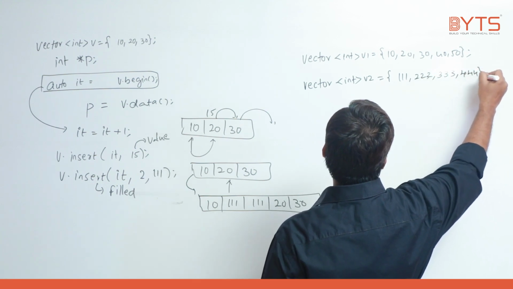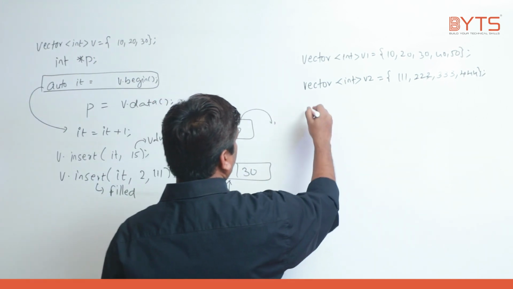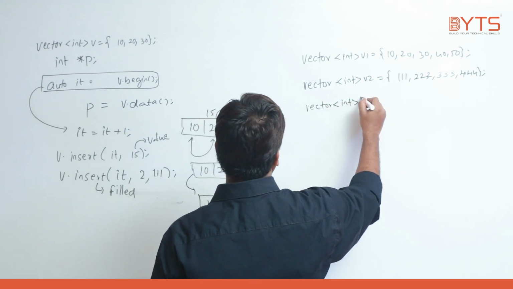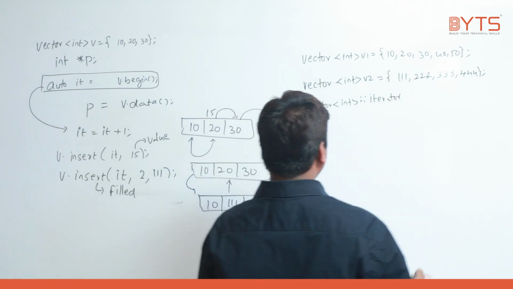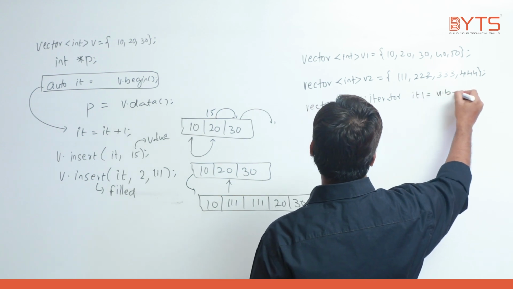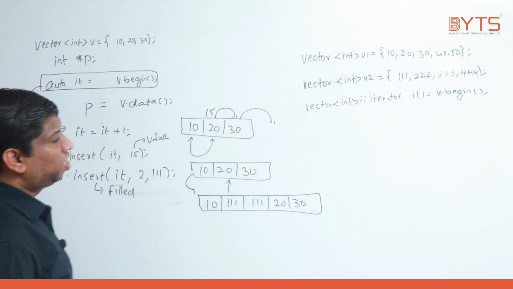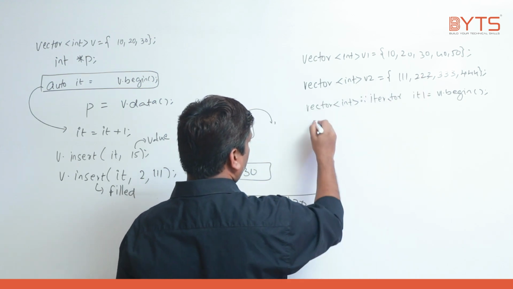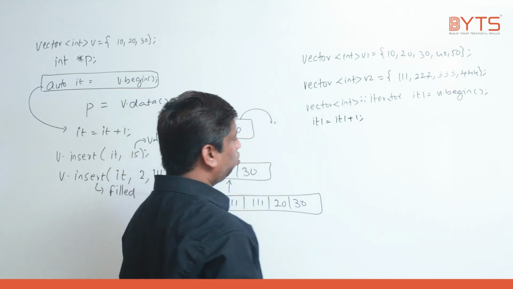Be careful, don't get confused. Now vector<int>::iterator it1 = v1.begin(). Initially it1 will point to 10. Now it1 = it1 + 1. Now it1 will point to 20.